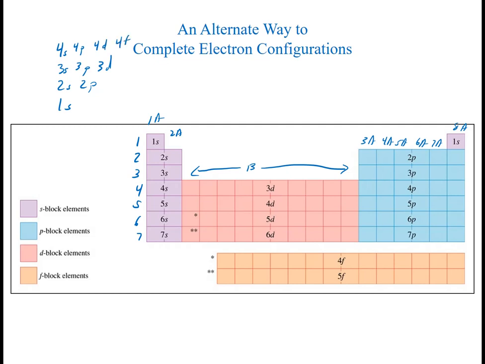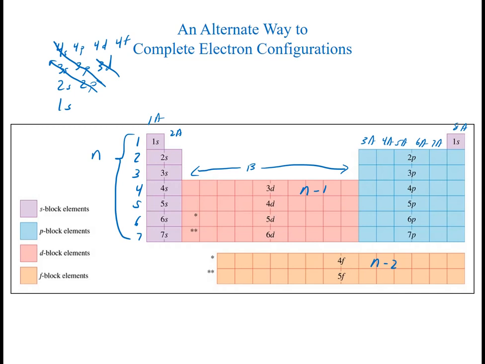So I go 2p, 3s, 3p, 4s, and then back to 3d. All of these D's are n minus 1, where this is n, and the F's are actually n minus 2, again where this is the n.